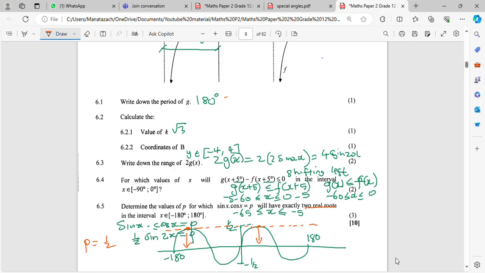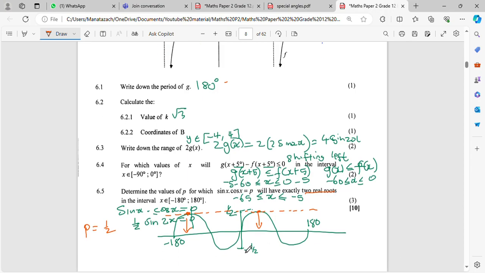And then also in the same interval, you'll realize that here below, if p is minus 1 over 2, it's also going to be intersecting the graph twice, giving 2 roots. That's the first root here, then the second root is over here. So this is also true when p is less than minus 1 over 2.